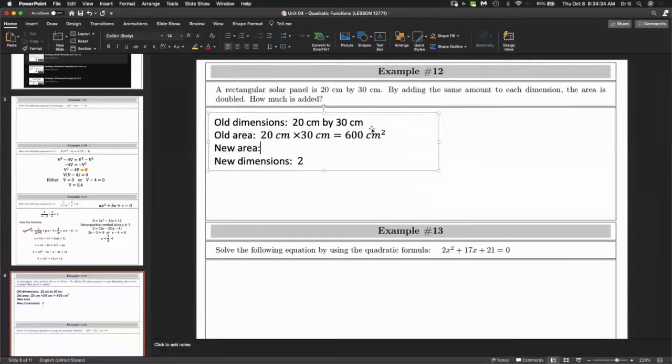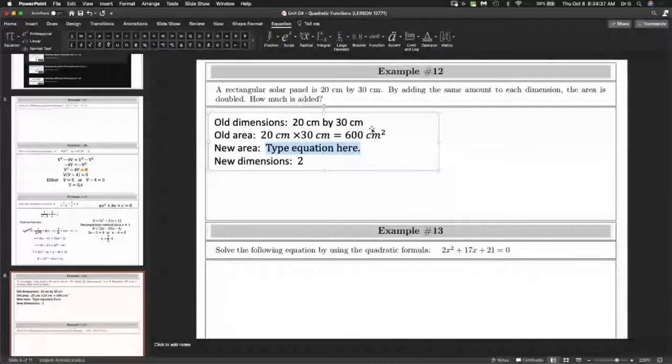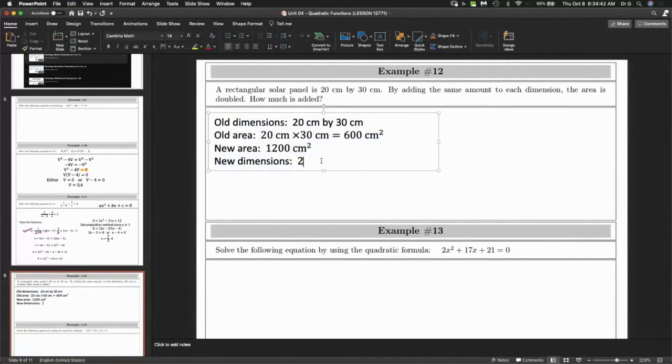What's the new area? 1200 centimeters squared. All right. So we know that the old area and the new area are in a 2-to-1 ratio. It says here by adding the same amount to each dimension. So what are the new dimensions? You can definitely guess the answer like that or write it down like that. I wanted to do a statement here.